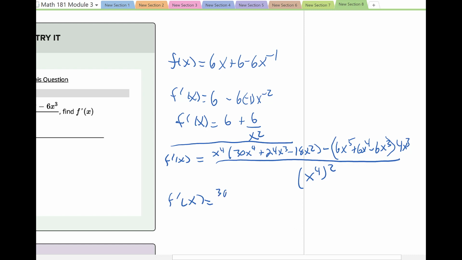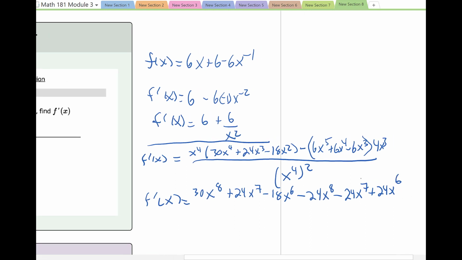So we have a 30x to the 8th plus 24x to the 7th minus 18x to the 6th, then minus 24x to the 8th, minus 24x to the 7th, then plus 24x to the 6th, all divided by x to the 8th.